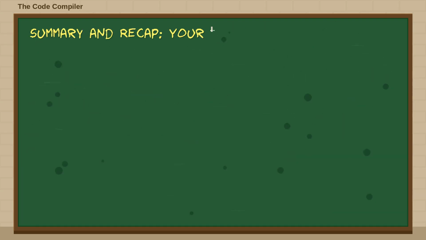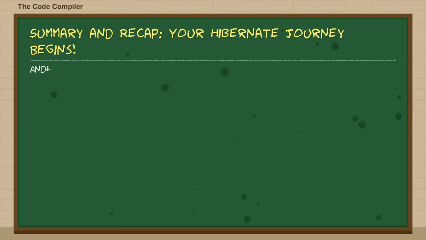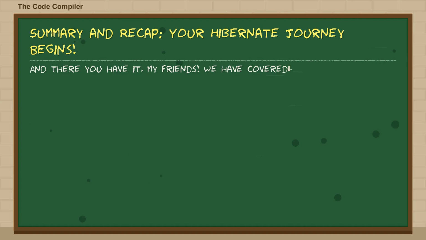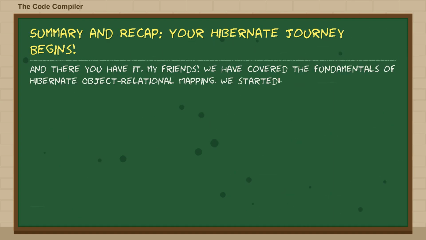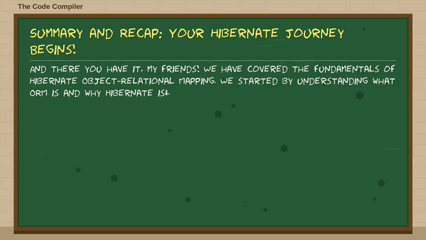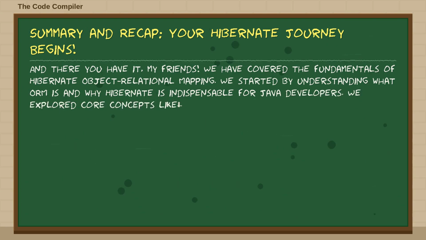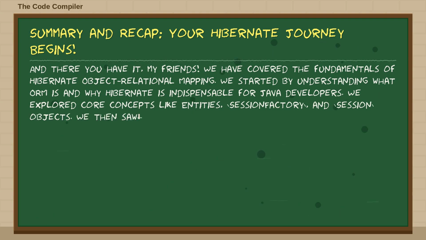And there you have it, my friends. We have covered the fundamentals of Hibernate object relational mapping. We started by understanding what ORM is and why Hibernate is indispensable for Java developers. We explored core concepts like entities, session factory, and session objects.